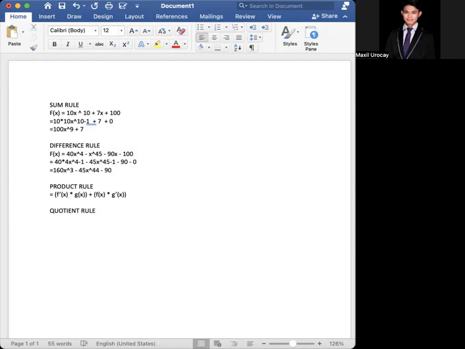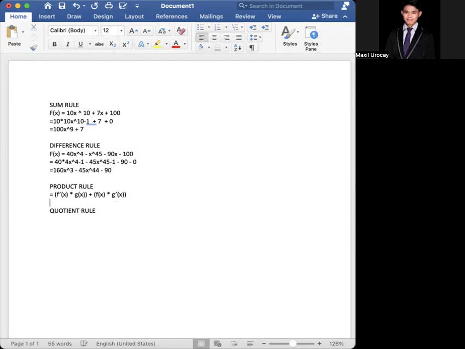And for the 90x it is 90, then 0. This is still the same; the only thing is the minus that we forgot. Now, we'll proceed with the product rule.